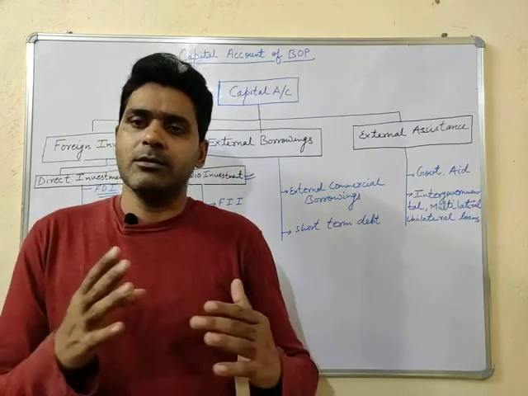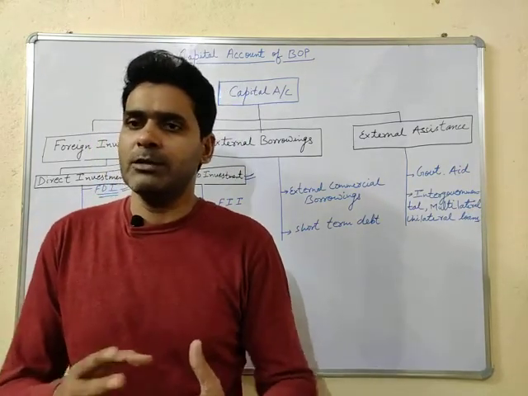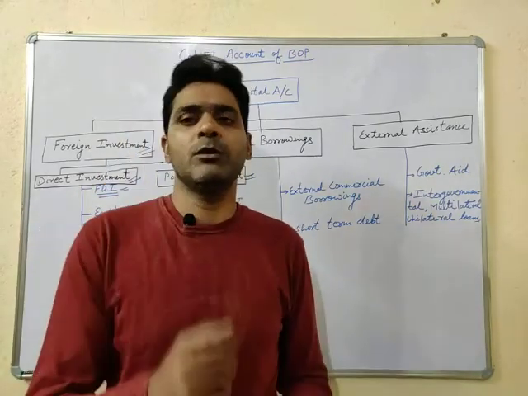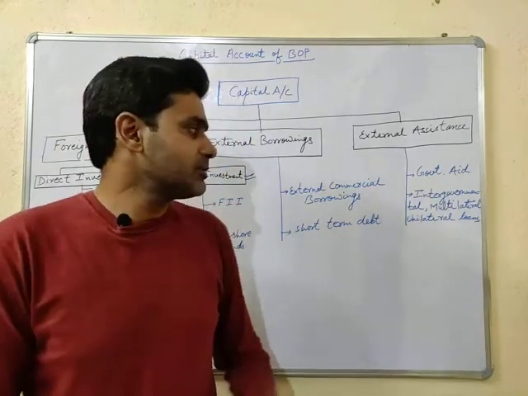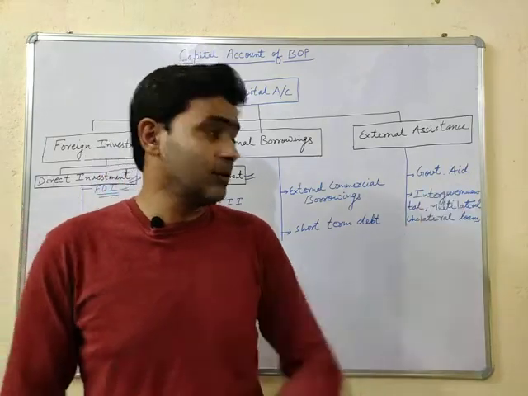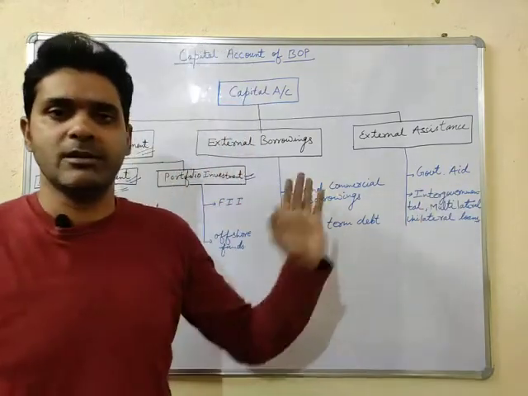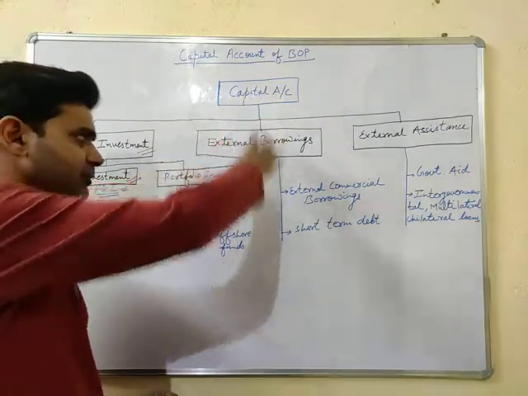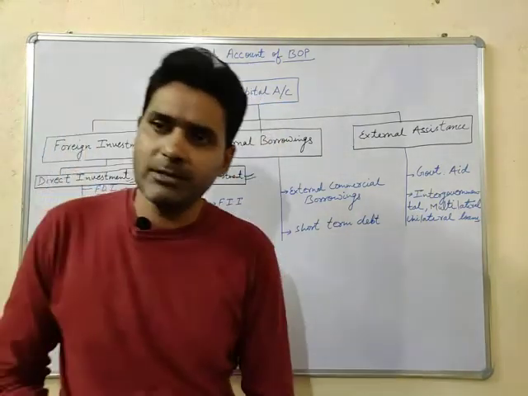Multilateral means the loans which are among various nations. Bilateral means among two countries or two nations. So in this way we can put this under external assistance. So this is all about the components of the capital account of balance of payments.